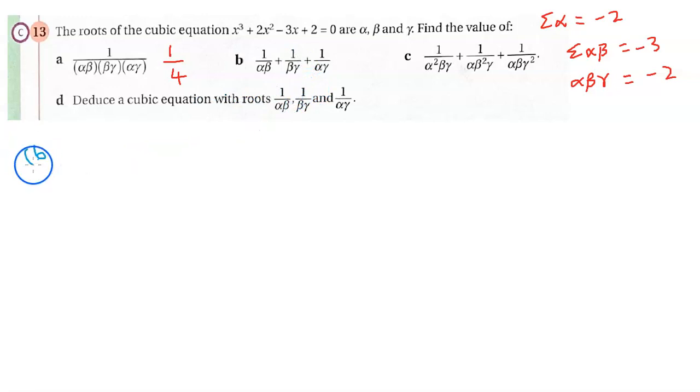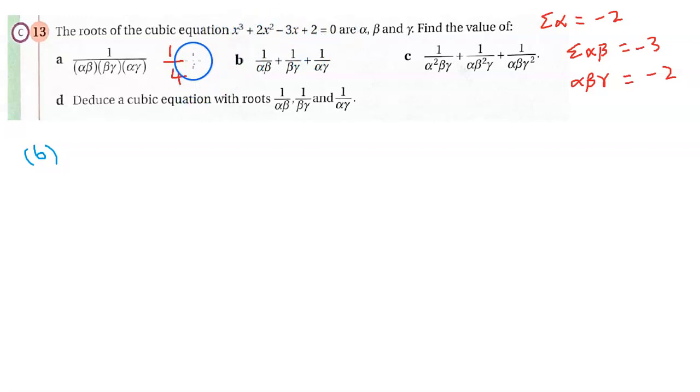So let's go ahead and find a polynomial that has 1 over alpha, 1 over beta, and 1 over gamma as its roots. Now that's actually pretty easy to do because we know alpha, beta, and gamma are the roots of this equation here.